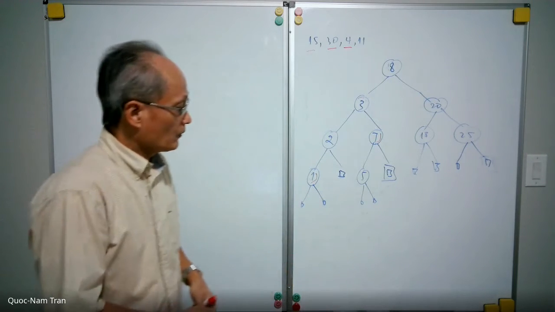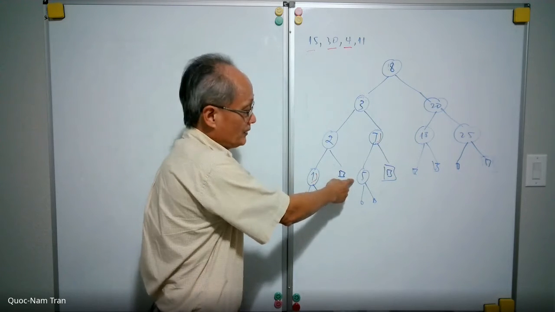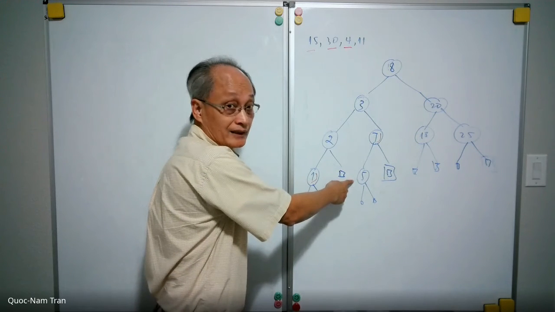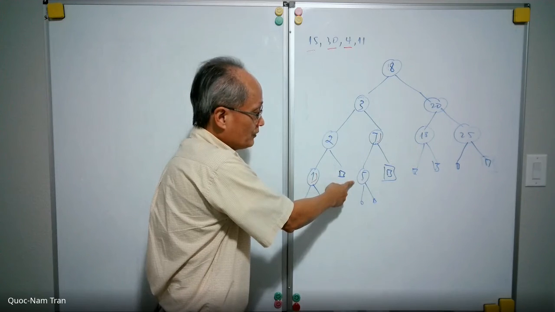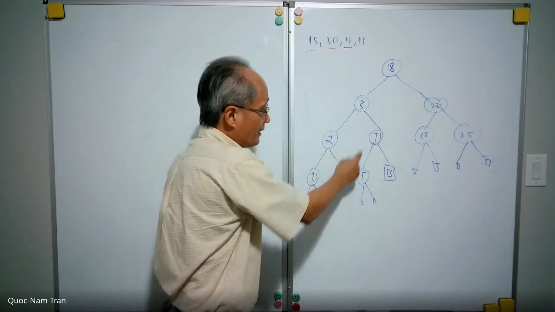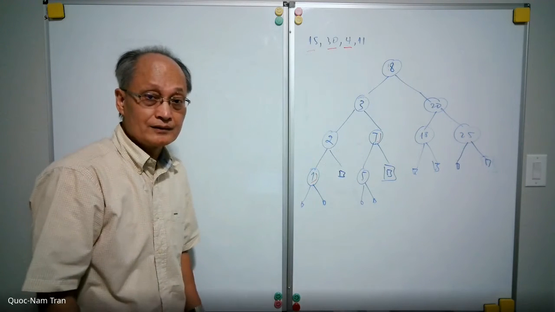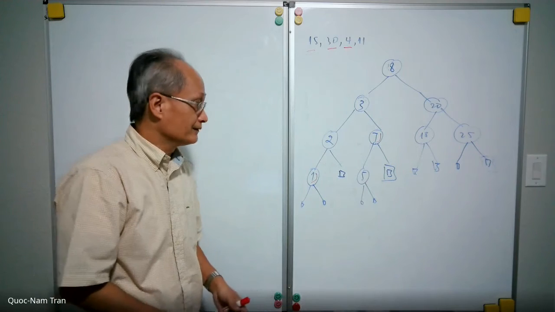So again, we have to look for the sibling. Sibling is black, right? So we have to look for the parent. Okay? So the parent here is red.